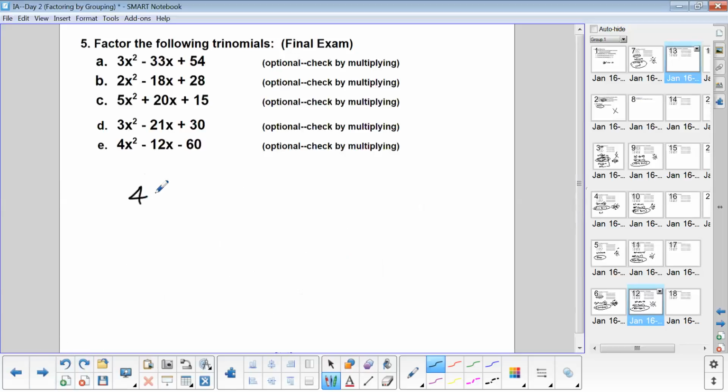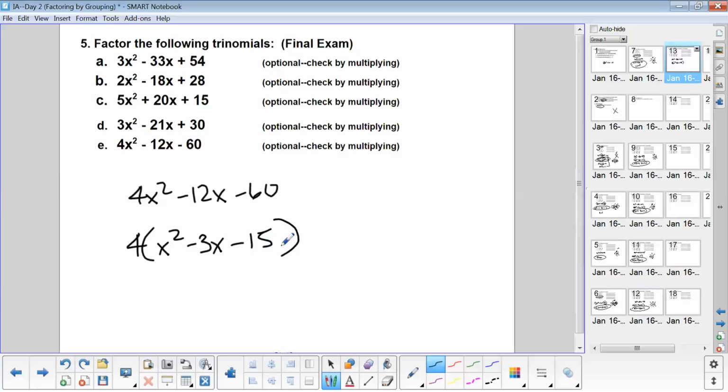Last exercise, I got 4x squared minus 12x minus 60. 4 will divide each of these. So I'm left with x squared minus 3x minus 15. A is 1. Don't forget the c is negative. So that's going to be 1 times a negative 15, which would be negative 15.